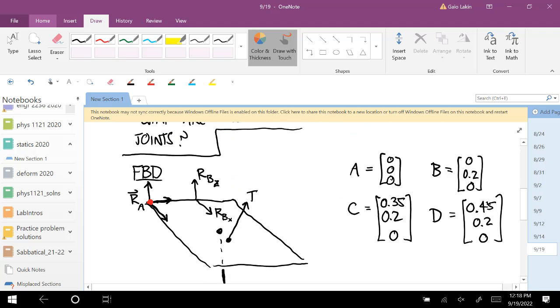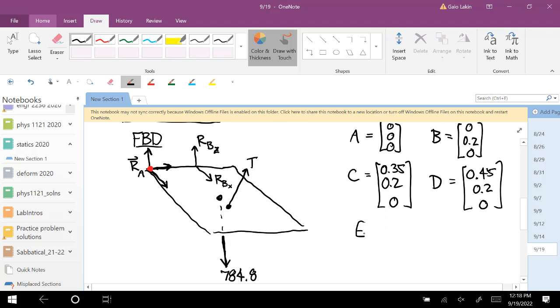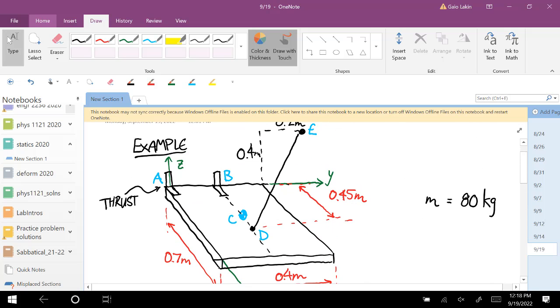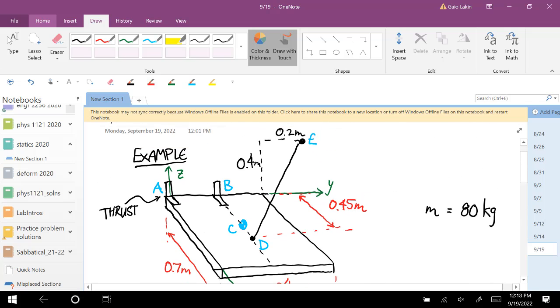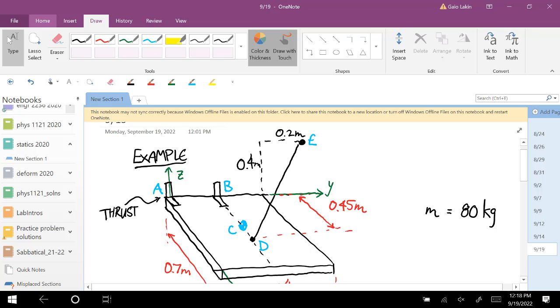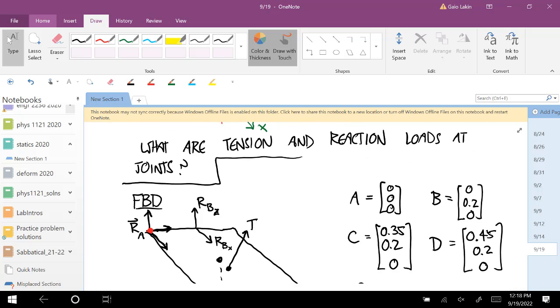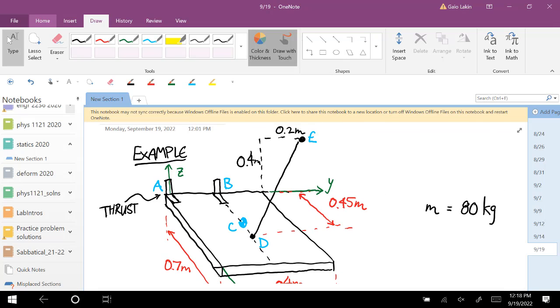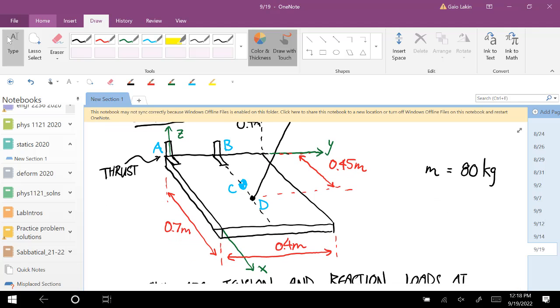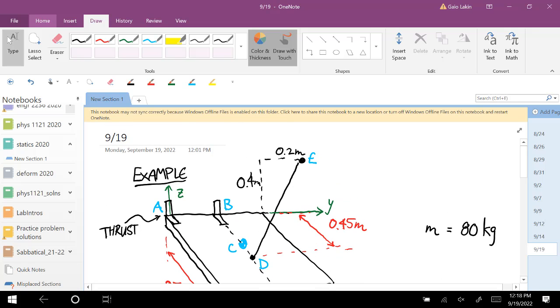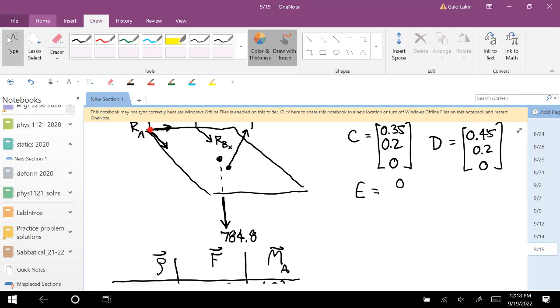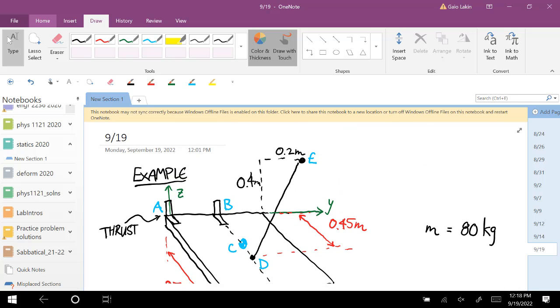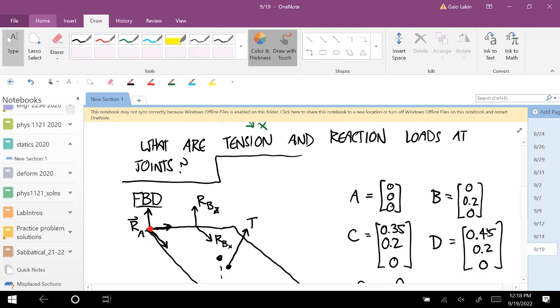So let's come up with the coordinates for E. For the X component, it's going to be 0. For the Y component, it's going to be 0.4 plus another 0.2, so 0.6. And for Z, it's going to be positive 0.4.